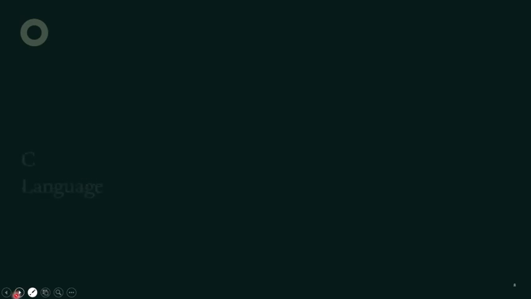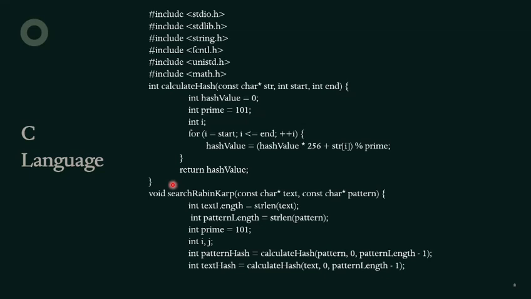Now we will see how this works. This is the code in C language and this is the hash function. It will take the parameters string, starting integer, end, and we will take a prime number. This is the for loop and this is a simple mathematical function. We can change it, but according to Rabin-Karp, this is the function we should use, and it will return the hash value.